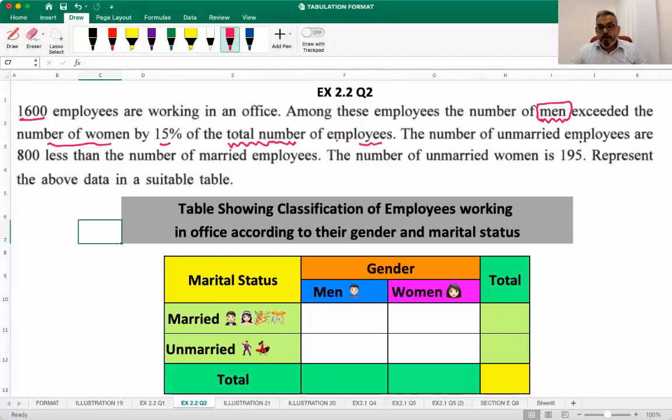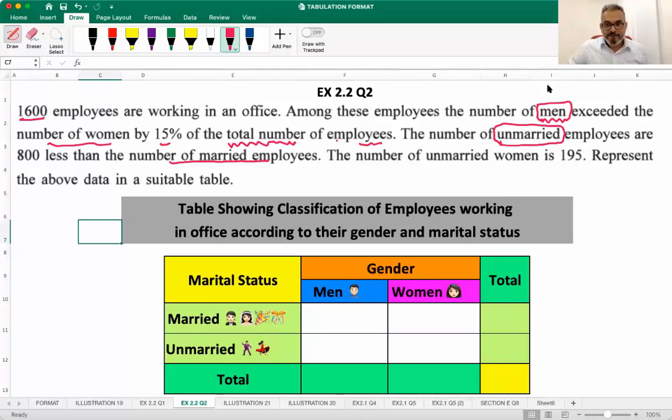The number of unmarried employees, so there is a married and unmarried angle too, are 800 less than the number of married employees. The number of unmarried women is 195. Represent the above data in a suitable table.